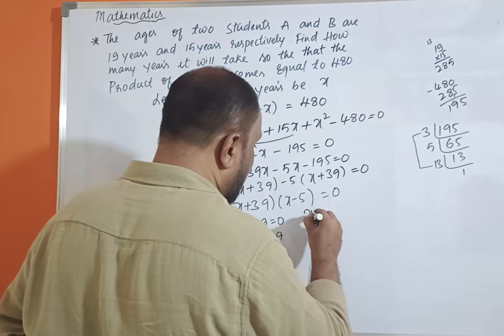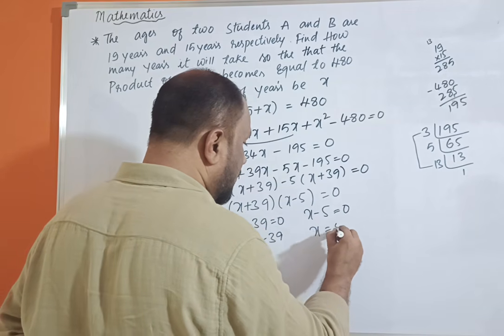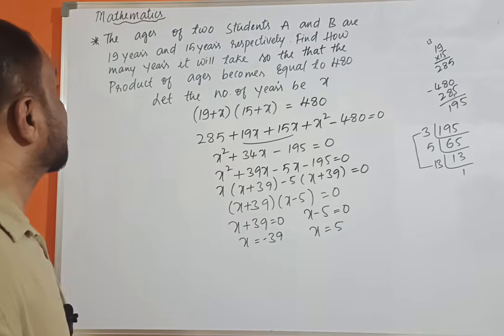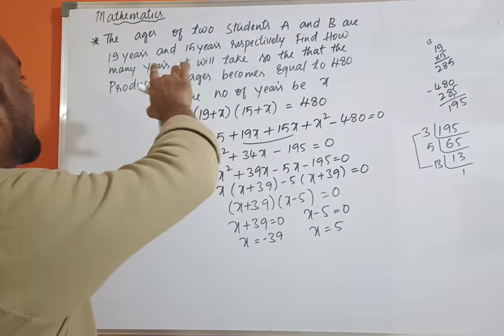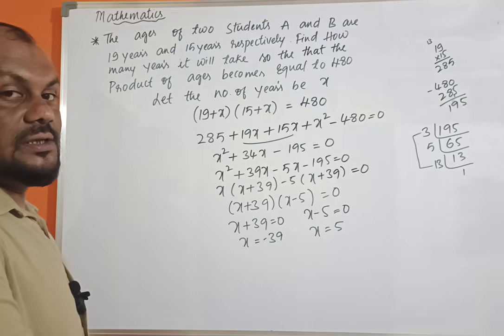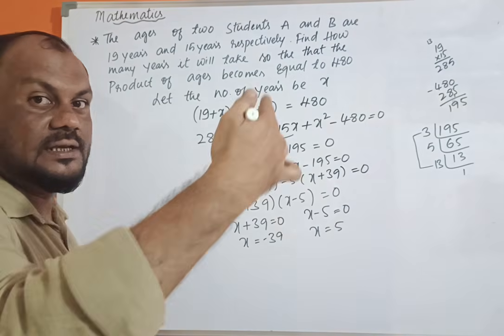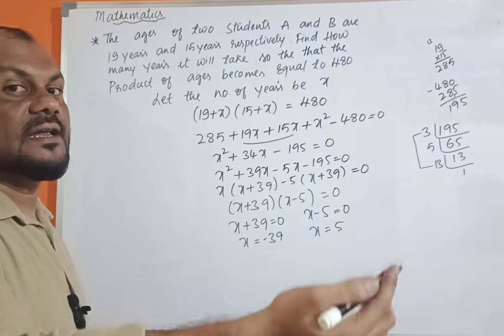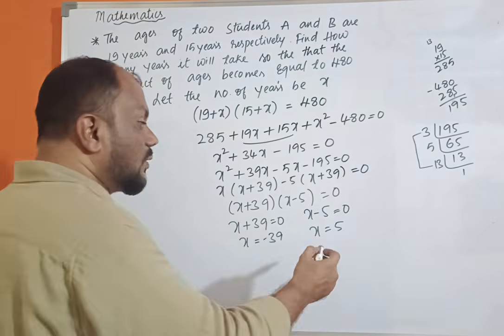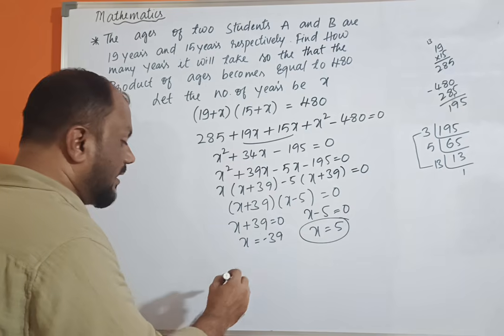And x minus 5 is equal to 0, x is equal to 5. So the question is, find how many years it will take. It will take means you have to add. Will means in the future. For future we are adding, and for adding we require a positive one. So we consider x is equal to 5.